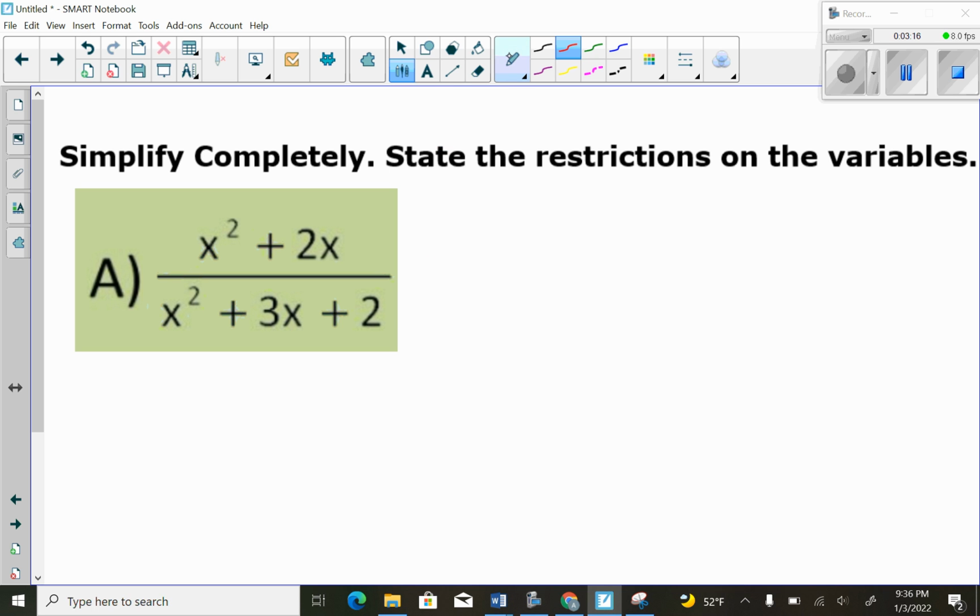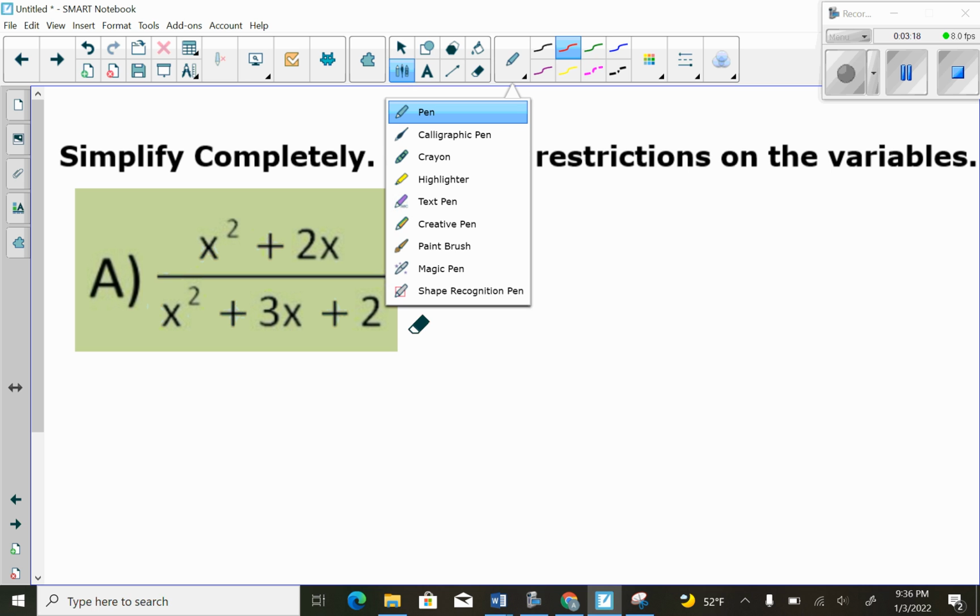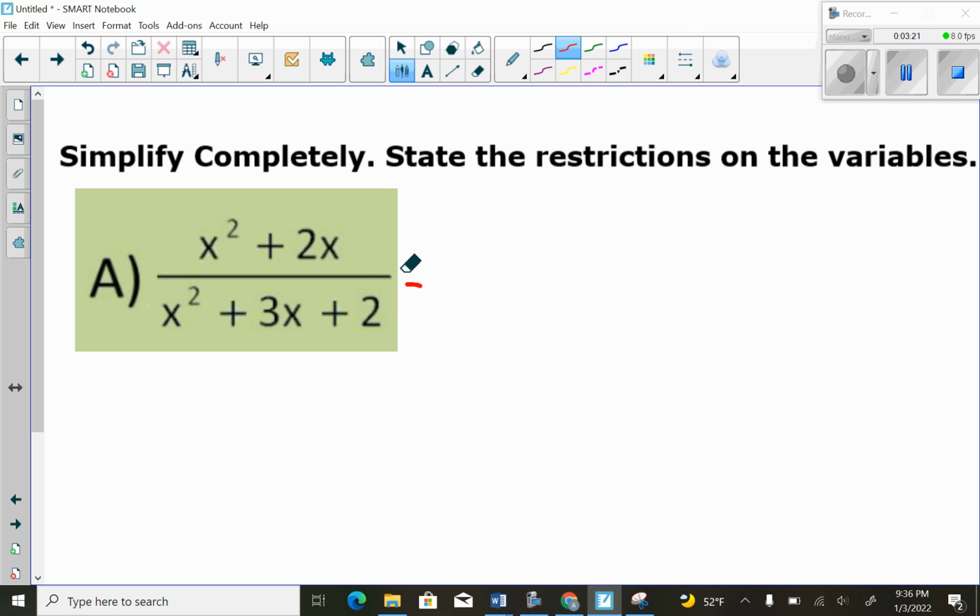So looking at my numerator, factoring that, we can take out an x, so we're left with x plus 2 over, in our denominator, that factors to x plus 2 and x plus 1.